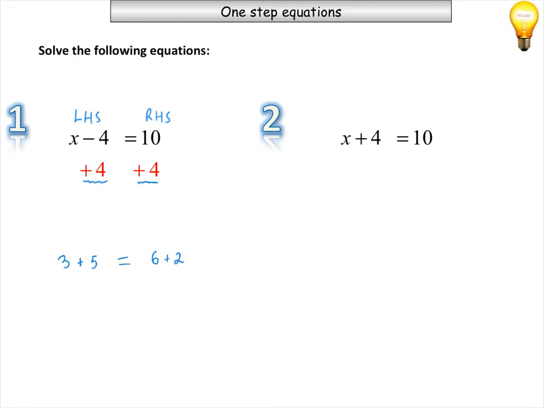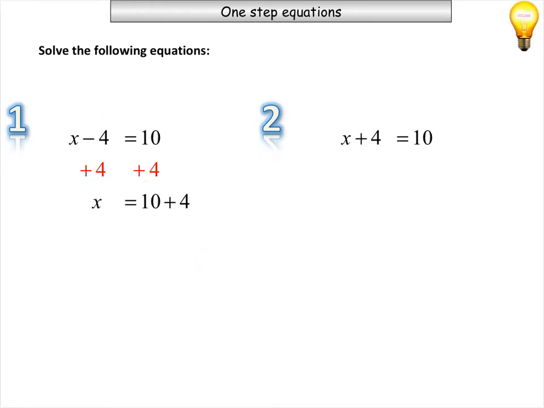So I'm going to write 3 plus 5 is equal to 6 plus 2, which we know is true. Now, if we did the same thing to both sides of this equation, let's just say we added 4, the left-hand side now becomes 12. So what we have to do is make the right-hand side equal to the same value, which is going to be 12 as well. So that's why we do the same thing to both sides.